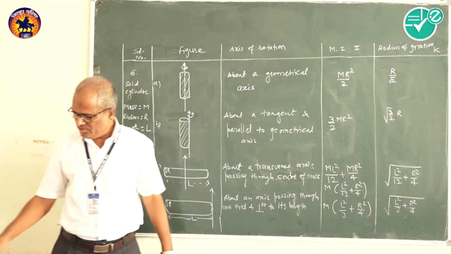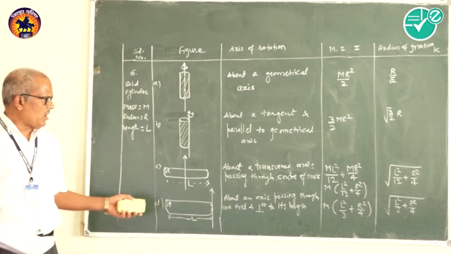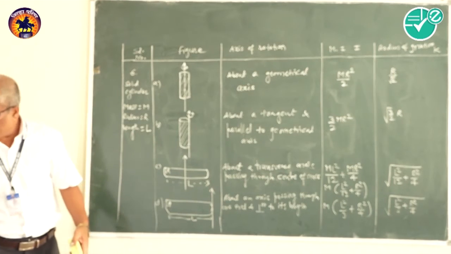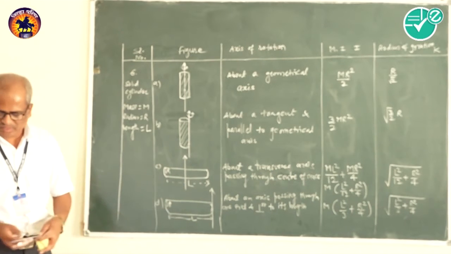So this is the moment of inertia of the solid cylinder about an axis passing through one end and perpendicular to its length.